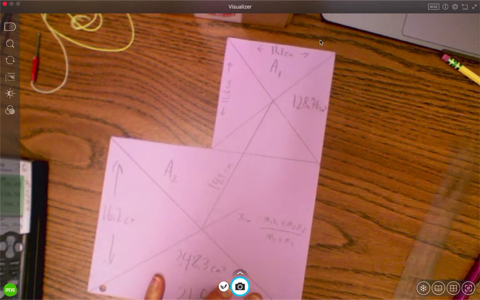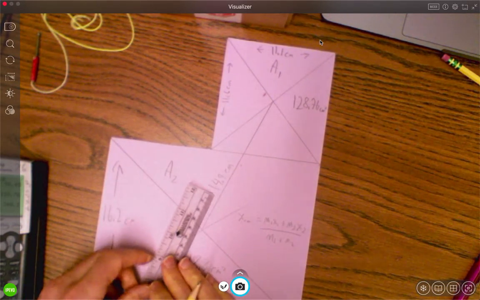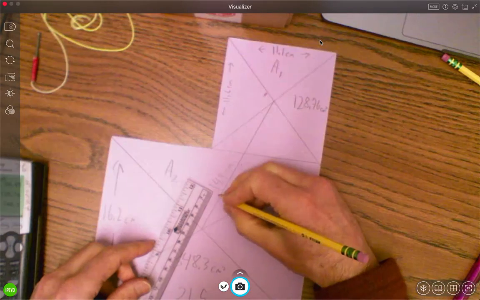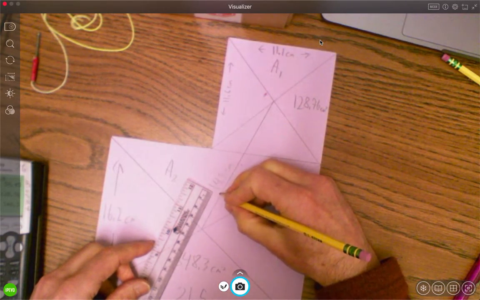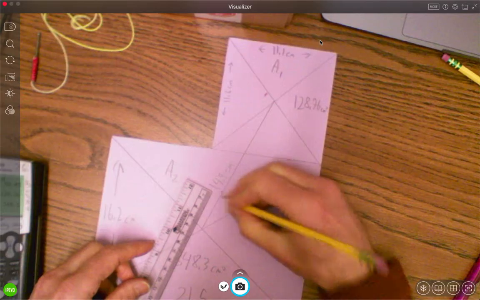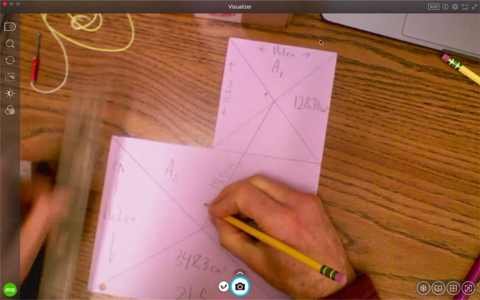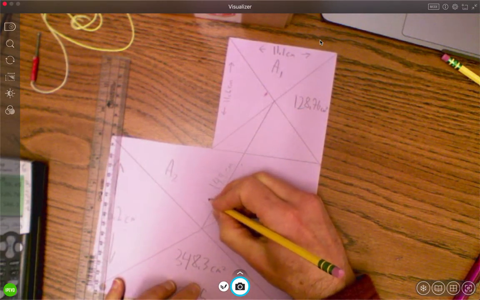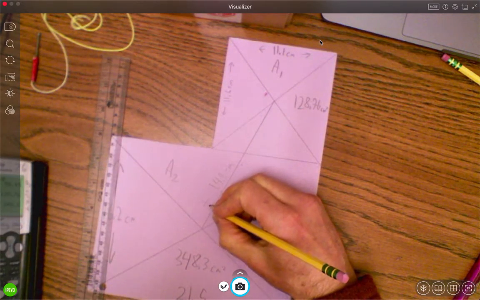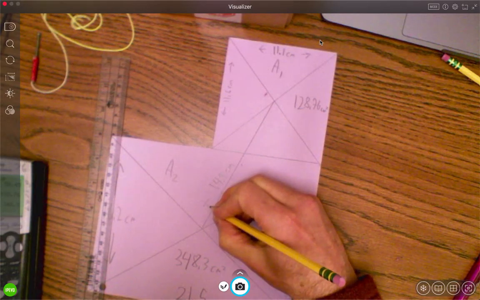And I'm going to figure out how far the center of mass is from here. So let's say the center of mass is somewhere here, right? Okay, I'm going to figure out this distance, and this is going to be x, I guess x, what is this? This is x center of mass, right?